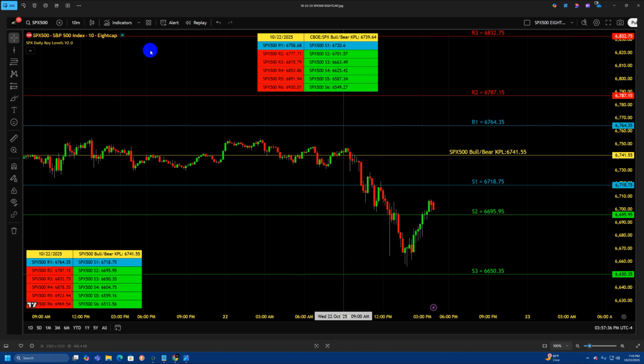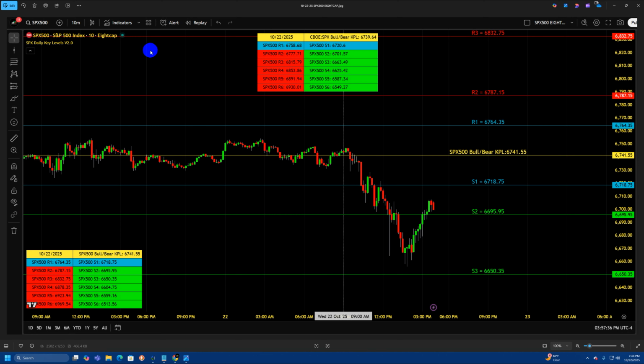Then if you're trading SPX utilizing one of those trading challenges, then your only option there is to use a Forex CFD because they do not allow the trading of SPX options on those types of trading challenges. So if you're either using a Forex broker to trade SPX, or if you're doing one of those trading challenges, then you would utilize this indicator on the SPX 500 8-cap symbol.